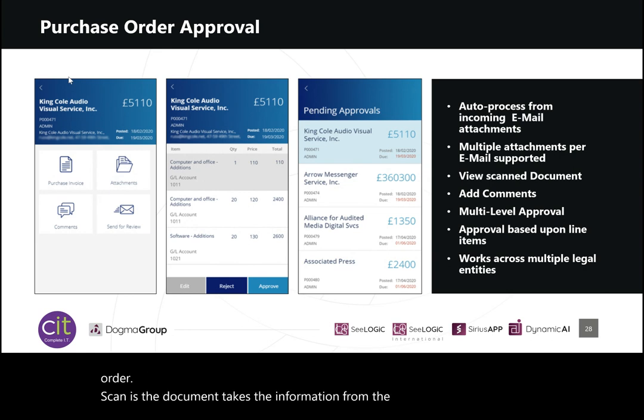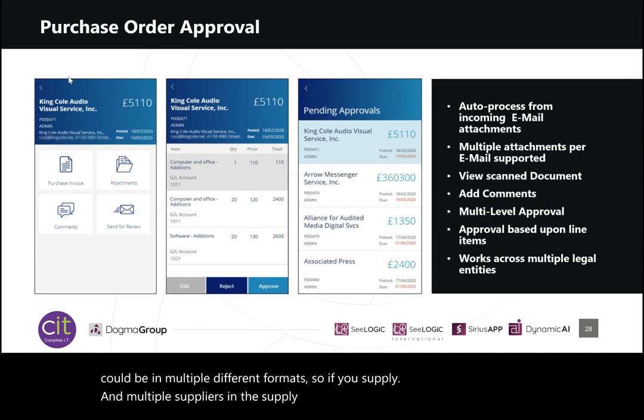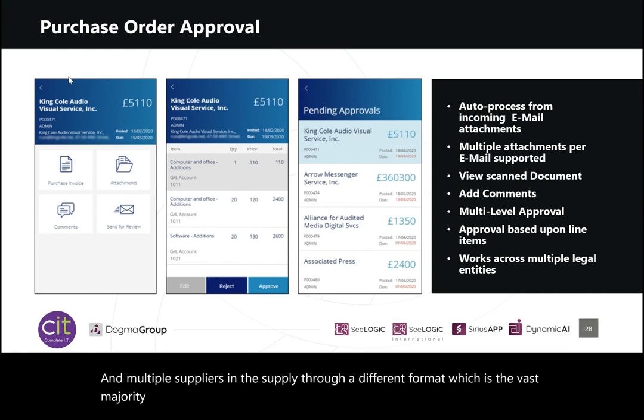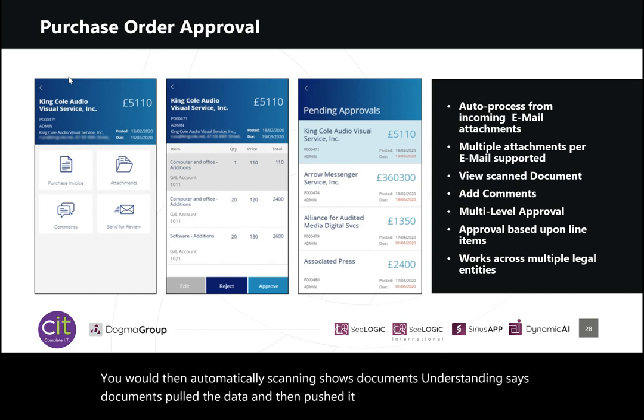The document can be in multiple different formats. So if you have multiple suppliers and each supplier has their own different format, which is the vast majority of organizational situations, you will automatically scan each of those documents, understand each of those documents, pull the data, and then push the data into Business Central and encode it automatically.